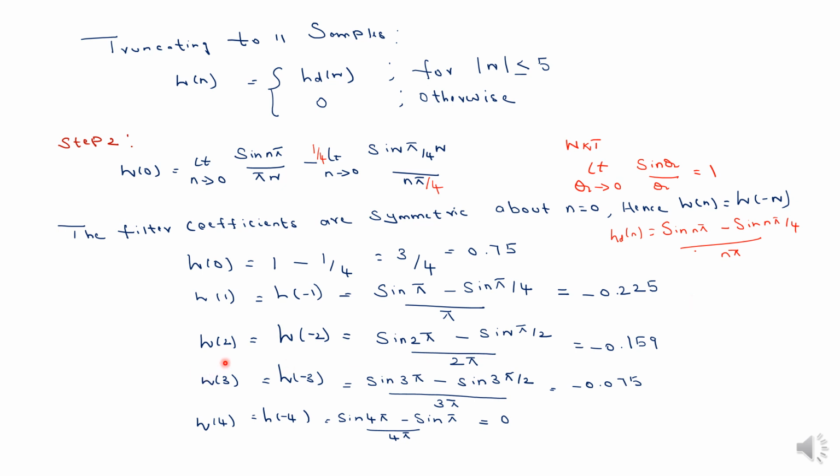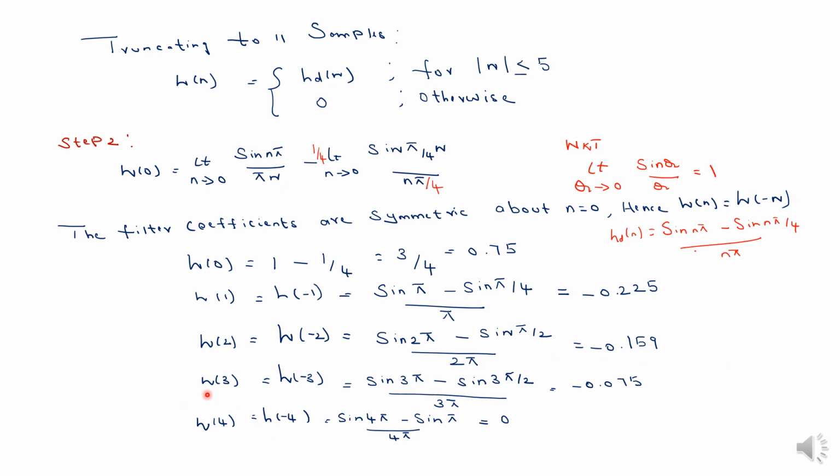Similarly, in this expression, we need to substitute n is equal to 2 correspondingly. So we arrive at sine 2 pi minus sine pi by 2 divided by 2 pi. So this is equivalent to minus 0.159.